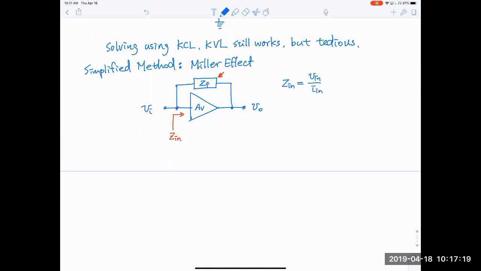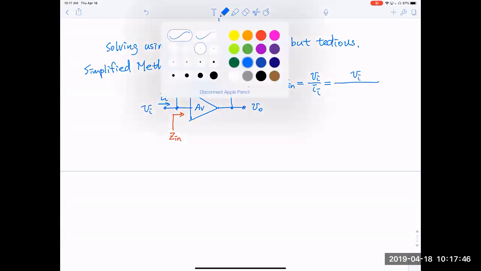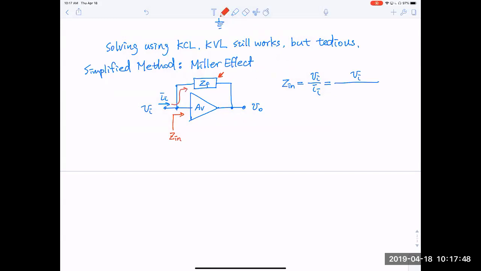And Vin is the input. Sorry, I use VI, so let me just do VI over II, and where is II? II is here, all right? So this input impedance includes this ZF effect, okay? So VI is still VI, and for II, if I assume all the current goes through here, there's no current going into the amplifier, kind of an ideal amplifier, the impedance is very large, all right?